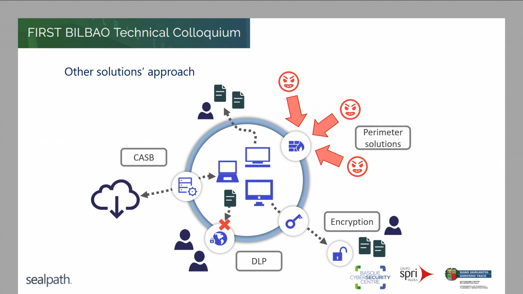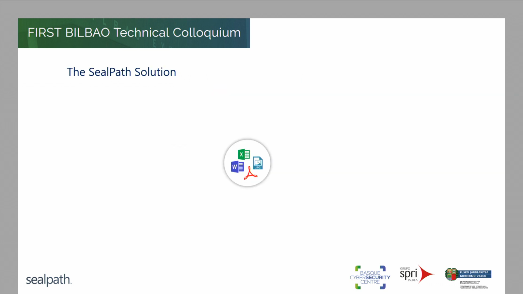But sometimes you need to download the files and share them. Once it's outside of the control of the CASB or the DLP, you lose control over the information, okay? So what is the approach of data-centric security?